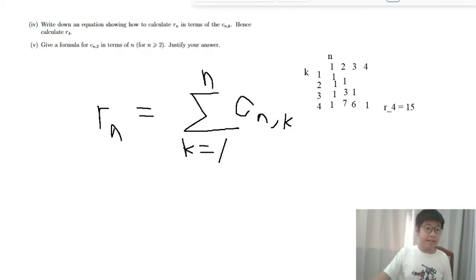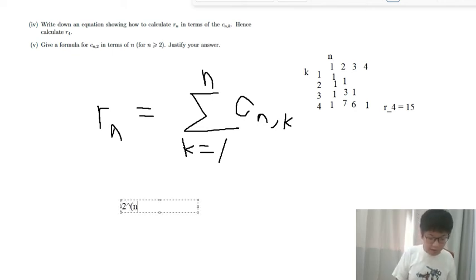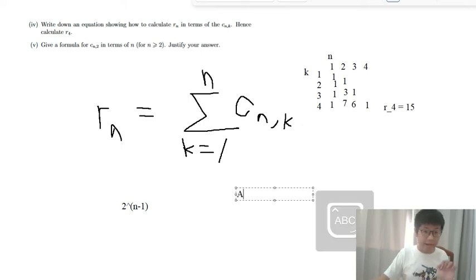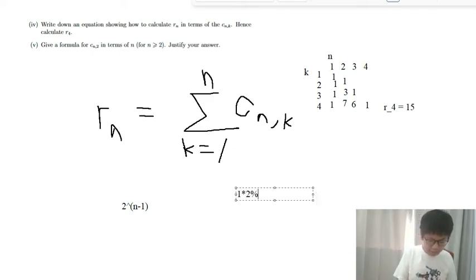That was quick. The formula for C_n,2 in terms of n is 2 to the power of n-1. Why? Because we have a symbol A, and then you will have 2 choices for each of the n-1 letters, so it's 1 times 2 to the power of n-1, which is just 2 to the power of n-1.